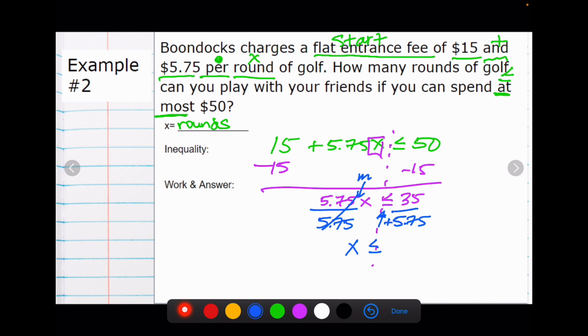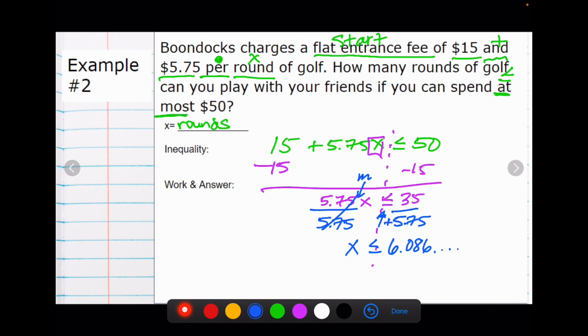35 divided by 5.75 comes out to be a decimal. Oh my gosh. What are we going to do? So I'm going to write down just a couple of digits. So I get 6.086. So here's my question.